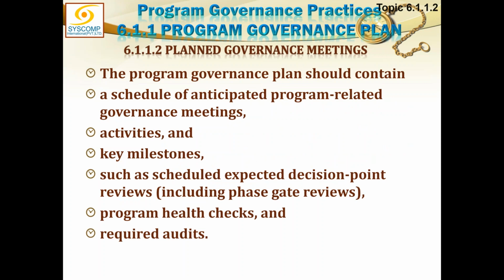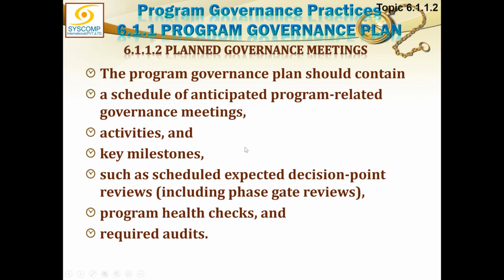Then we have planned governance meetings. The program governance plan should contain a schedule of anticipated program-related governance meetings. When we talk about governance meetings, we are talking about meetings in which the governance board is interacting with other stakeholders.